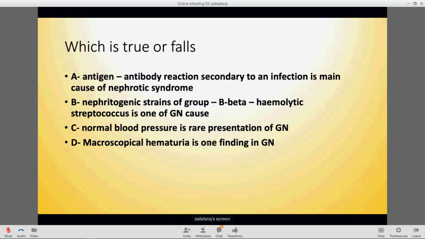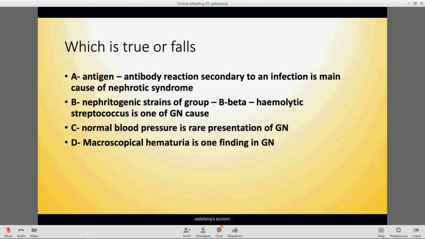Which is true or false? A. Antigen-antibody reaction secondary to infection is the main cause of nephrotic syndrome. False, it is the main cause of glomerulonephritis. B. A nephritogenic strain of Group B beta-hemolytic streptococcus is one cause of glomerulonephritis. False. Group A beta-hemolytic.